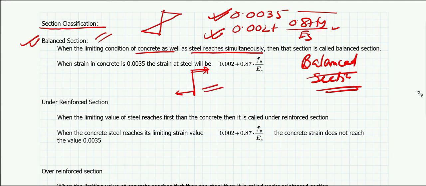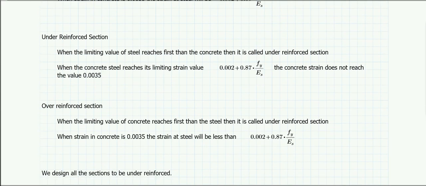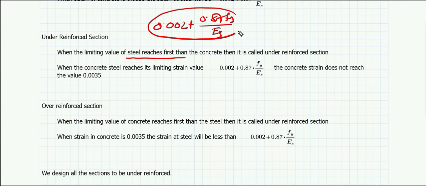Okay. Now, what is an under-reinforced section? The under-reinforced section is when the limiting value of steel is reached first. That means steel is at the limiting value of strain, that is 0.002 plus 0.87 fy by Es. So it is at this particular value, but the concrete is not having the strain of 0.0035.